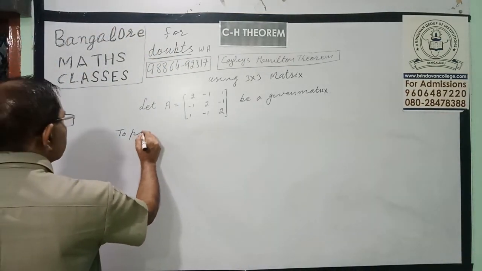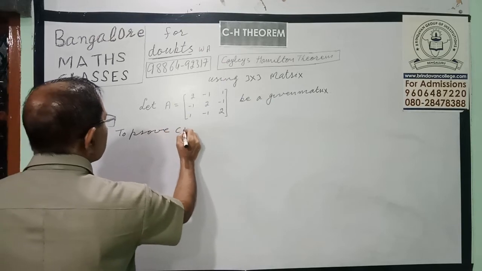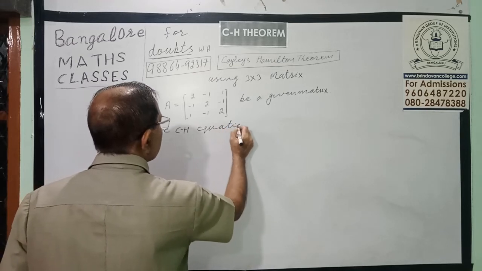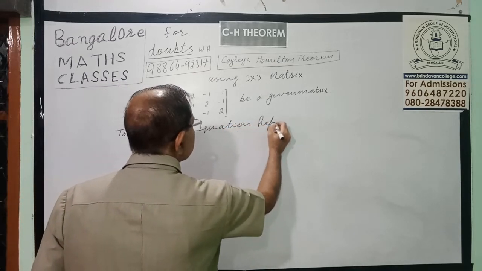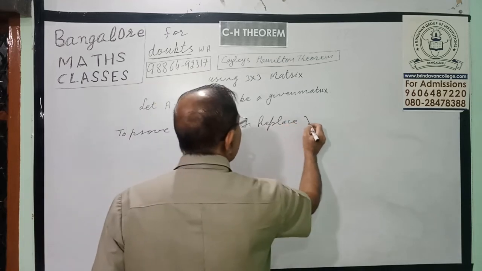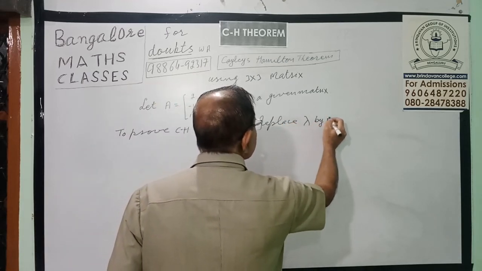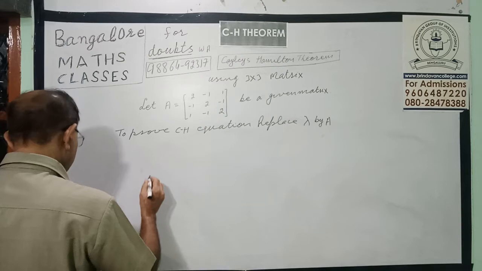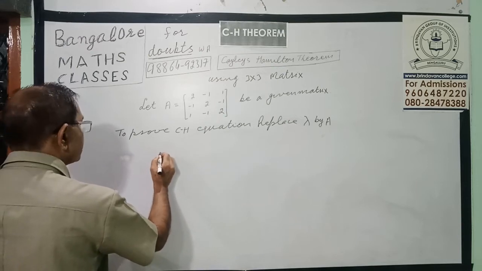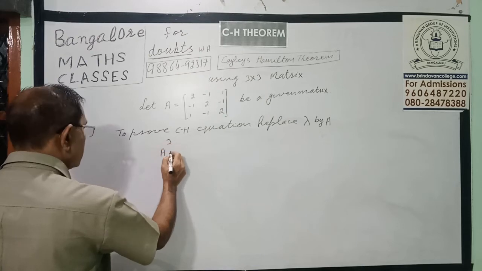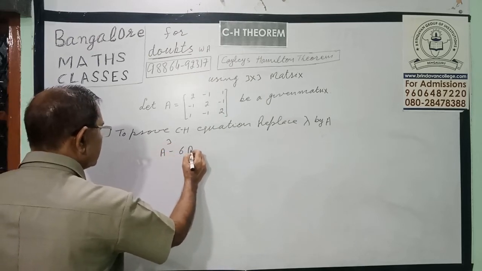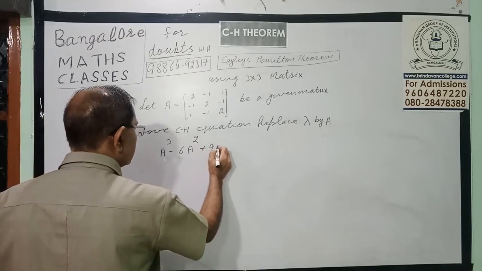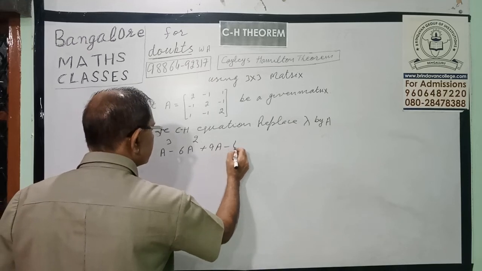To prove the CH equation, replace lambda by the matrix A. So in the characteristic equation, that was lambda cube, it will come out to be A cube minus 6 lambda square, it will come out to be 6A square, 9 lambda, that is 9A, minus 4.